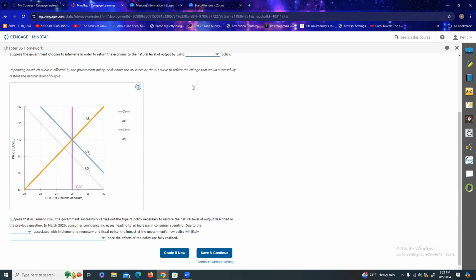So again, aggregate demand is C plus I plus G plus net exports, and consumer confidence has increased. Therefore, that means people are feeling good.